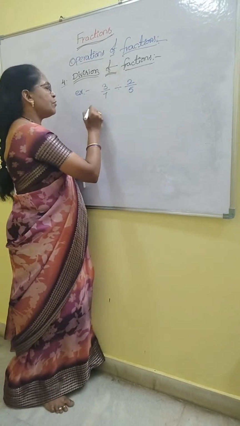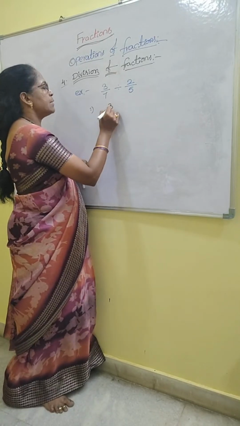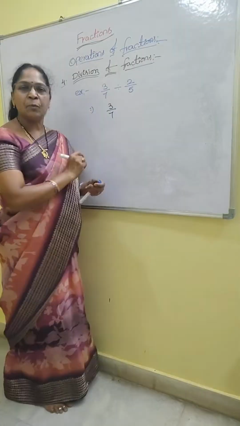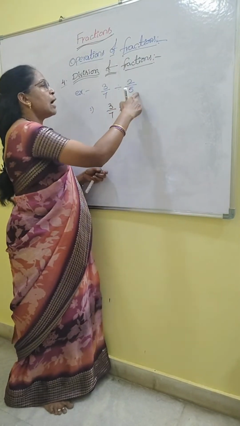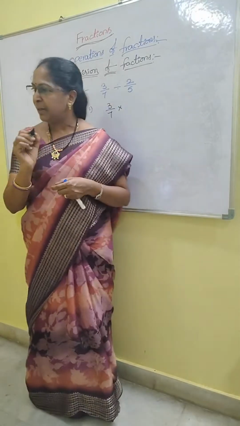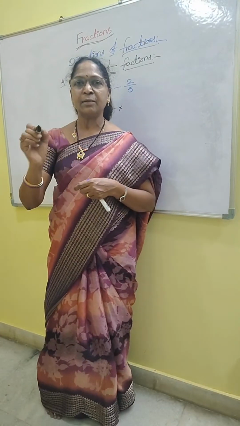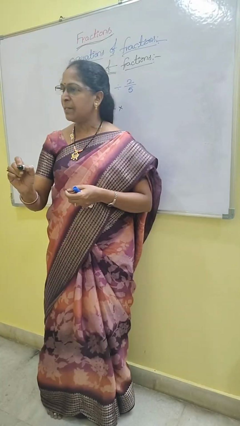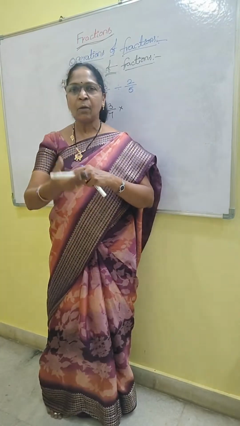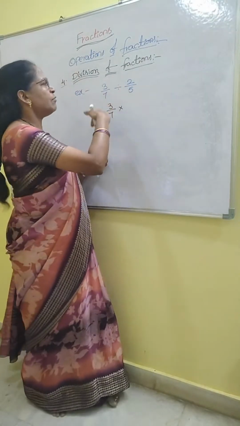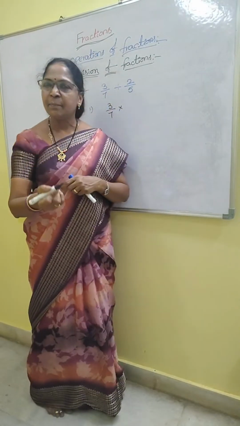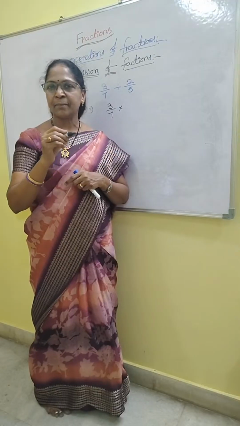Whenever we divide fractions, the numerator term 3 by 7 stays as it is. The division becomes multiplication, and the denominator fraction becomes the reciprocal of the fraction. Reciprocal means the numerator becomes the denominator and the denominator becomes the numerator. Just reverse 2 by 5. The reciprocal of 2 by 5 is 5 by.